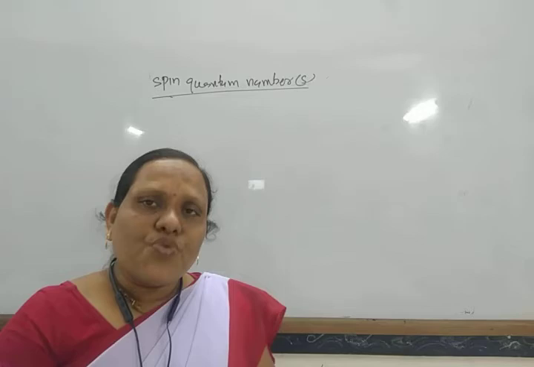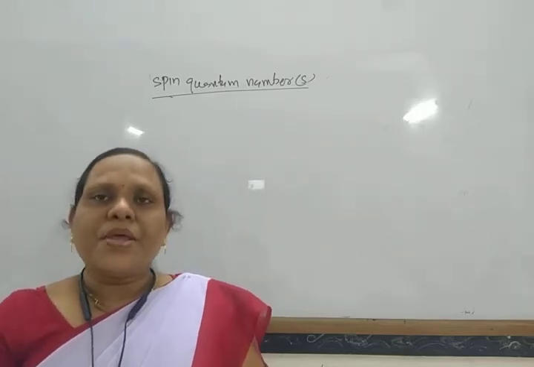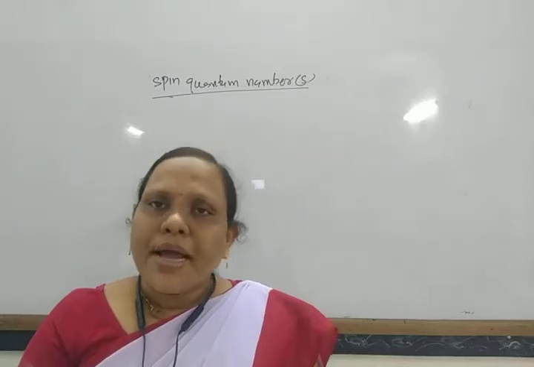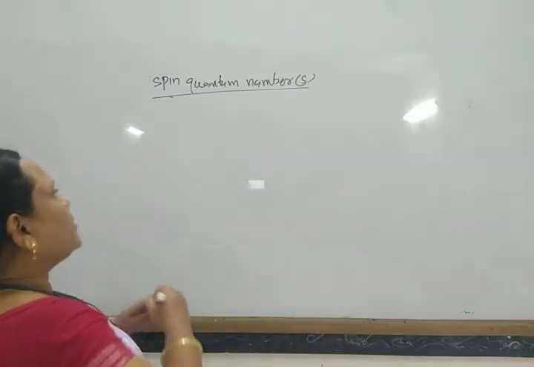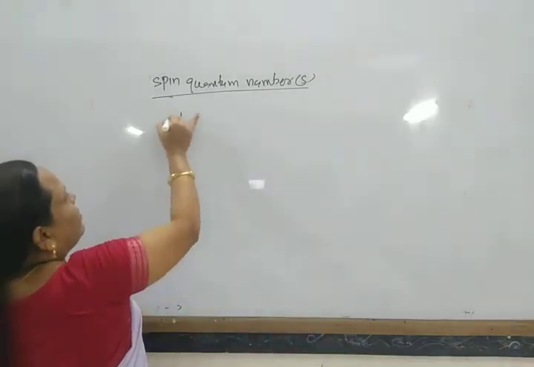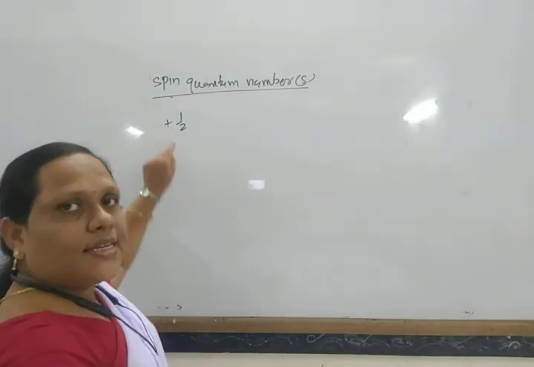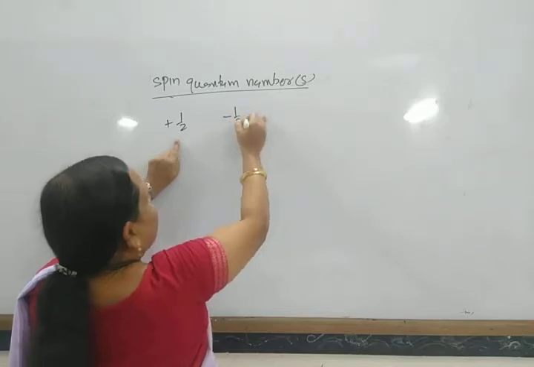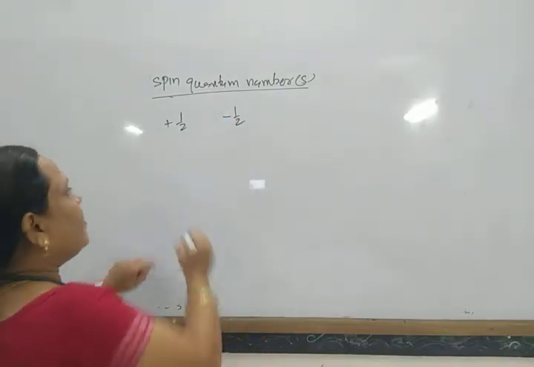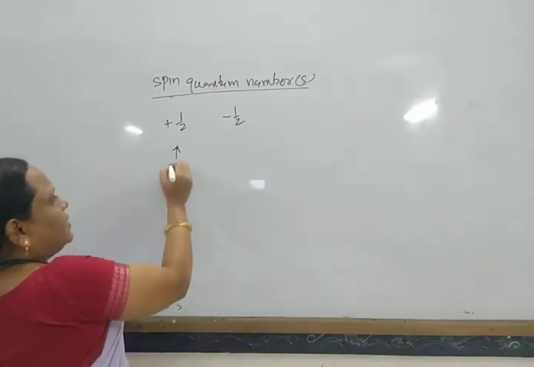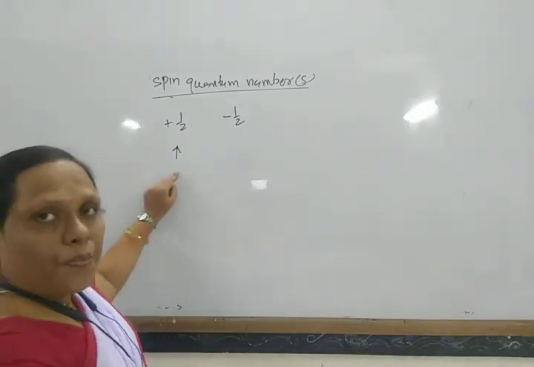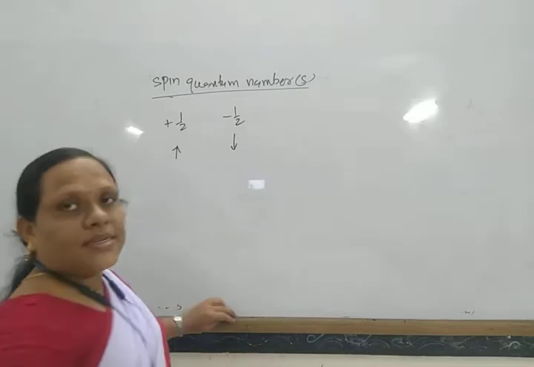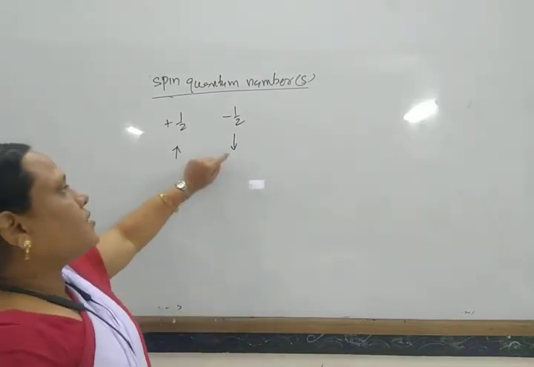This movement is generally represented by either an up arrow or a down arrow and by a number, that is plus half and minus half. If it is clockwise, it is generally represented as plus half, and anti-clockwise as minus half. Clockwise is generally an up arrow, and anti-clockwise a down arrow.